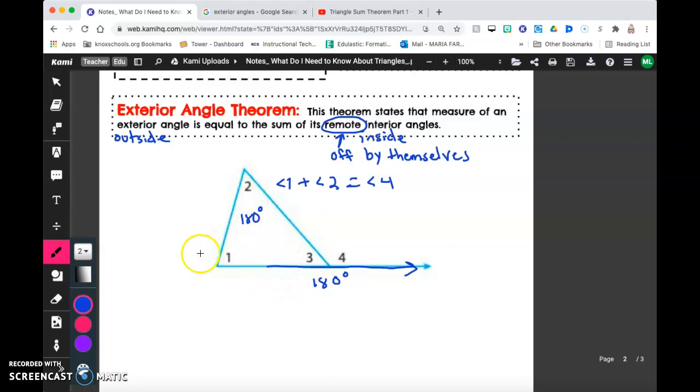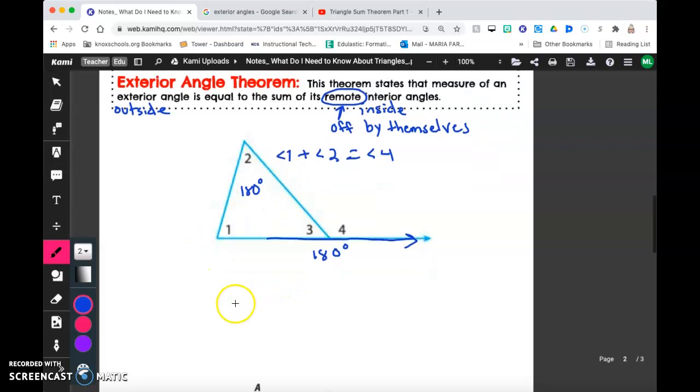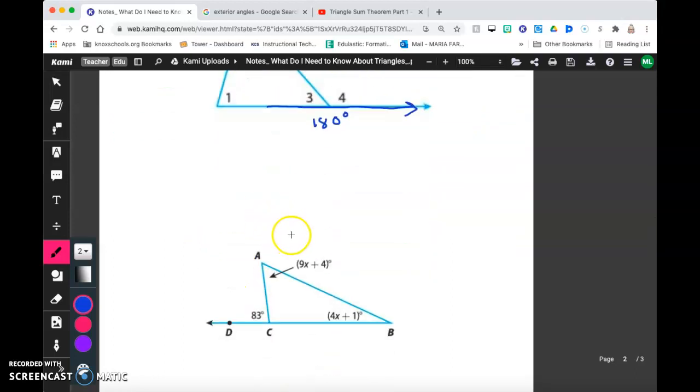So we're really going to take a look at it here in just a moment when we can look at our example here. All right, so we have another example with those equations. Okay, we're still working with building those equations. We're just using the other type of theorem where it says that these two remote angles, angle A and angle B, are equal to this exterior angle right here.